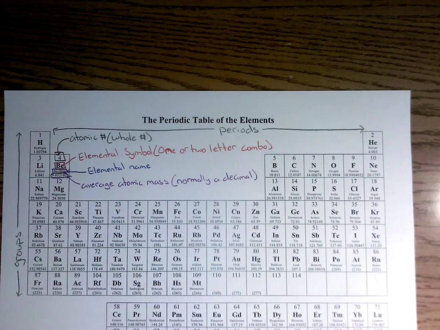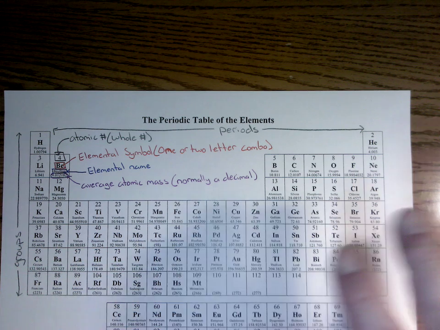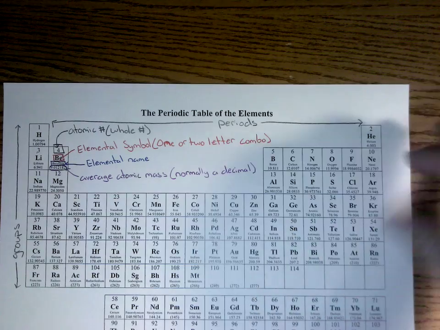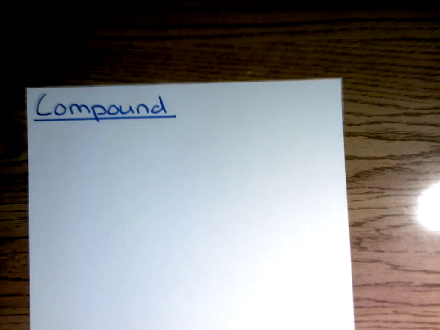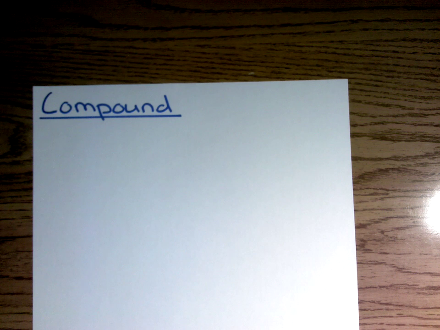So now that we have an idea what an element is, we can begin to think more realistically and a little bit more complex into what we can do with these elements. And what we can do is we can produce compounds. And so we start out here with what the definition of the compounds are. And compounds are simply defined as a combination of two or more different elements that are combined chemically.